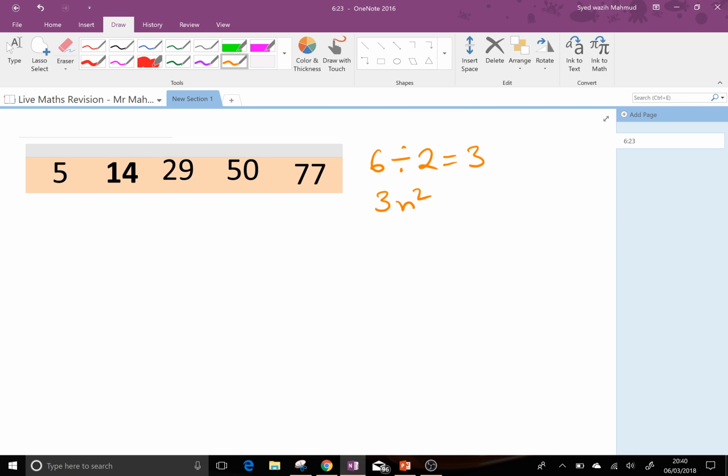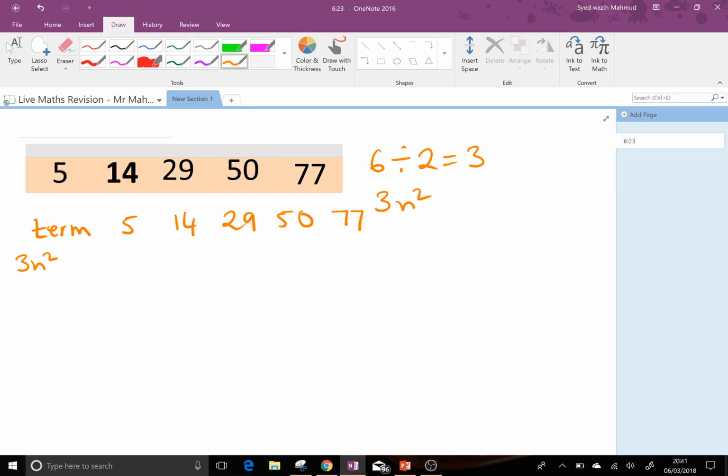Okay, now first of all write the term that is given. 5, 14, 29, 50 and 77. Next thing you have to do is, you got 3n squared. All you have to do is substitute the numbers 1, 2, 3, 4 or even up to 5 you can do into 3n squared.